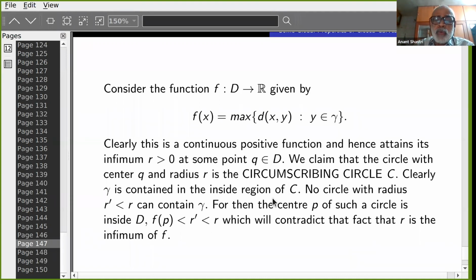What is d(Q,Y)? Q is a point where the infimum of all these f values is attained. So f(Q) is by definition the maximum of all d(X,Q). So f(Q) is nothing but d(Q,Y). d(Q,Y) is bigger than or equal to all these things. That means what?